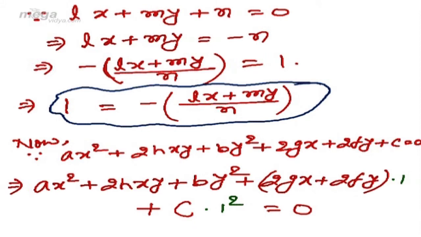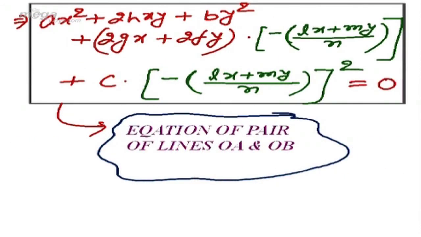After substituting these values, it becomes ax square plus 2hxy plus by square plus (2gx plus 2fy) into minus (lx plus my) upon n plus c into (minus (lx plus my) upon n) whole square is equal to 0. And this will be the equation of the pair of lines OA and OB. This process is making a quadratic equation homogeneous with the help of the equation of a straight line.